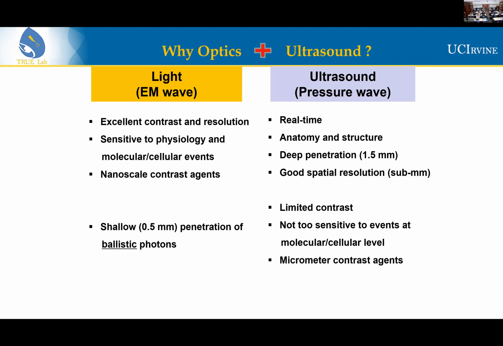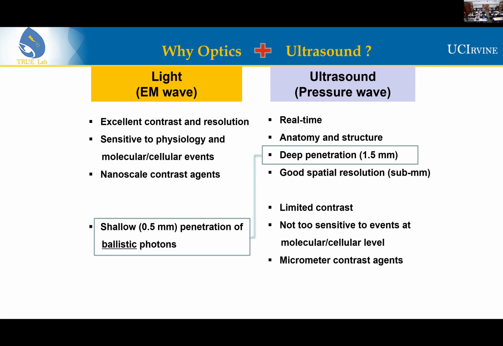This table gives you an idea why we use light to generate ultrasound for microscopy. I will give you another graph showing all types of optical microscopy, their advantages and also their drawbacks. Most high resolution optical microscopy has limited penetration depth, but photoacoustic microscopy has higher, so we can reach up to 1.5 millimeters, 2 millimeters.